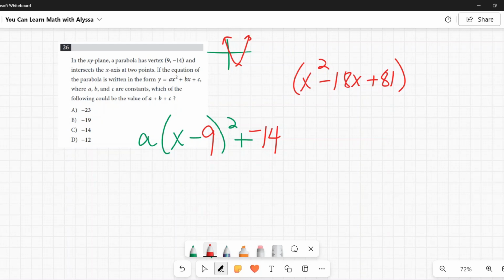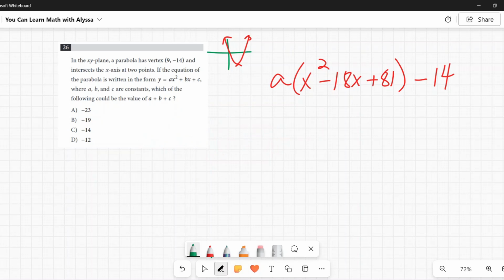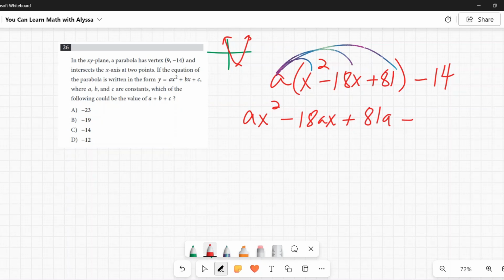It's fine. Okay, and the little a comes along for the ride, and then we have our plus a negative 14, which I'm going to write as minus 14. This one's going to take a lot of writing, so I'm trying to give myself some room here. Let's distribute that a throughout. So I get ax squared minus 18ax plus 81a minus 14.